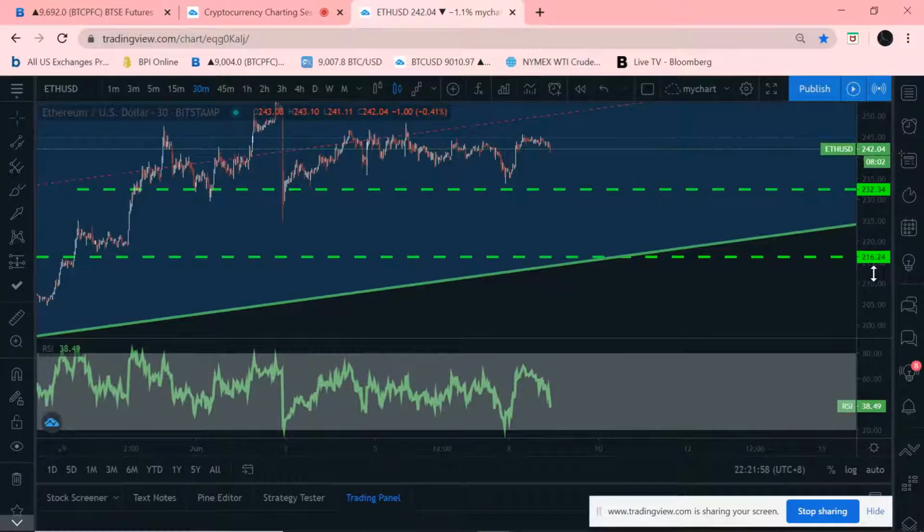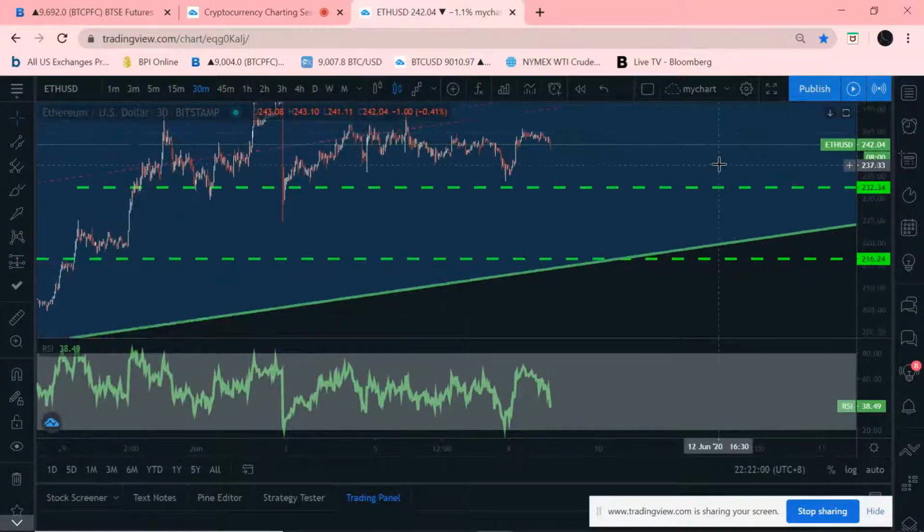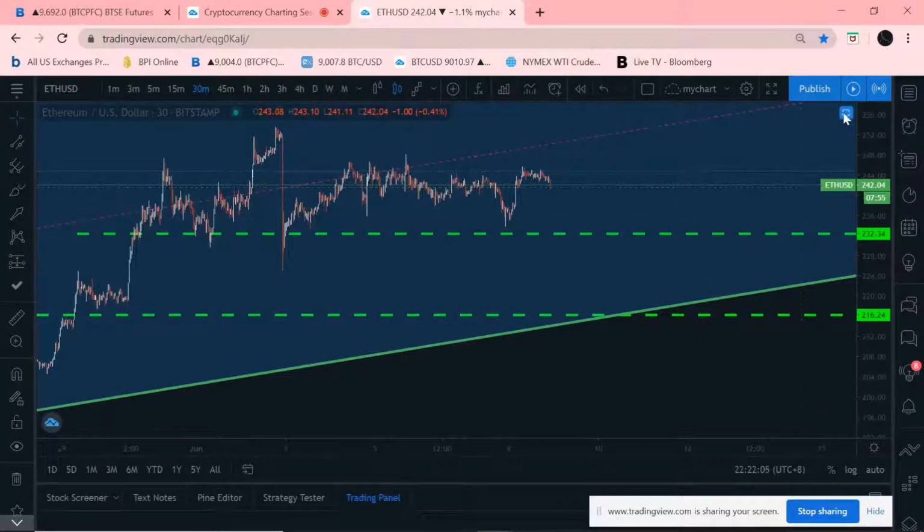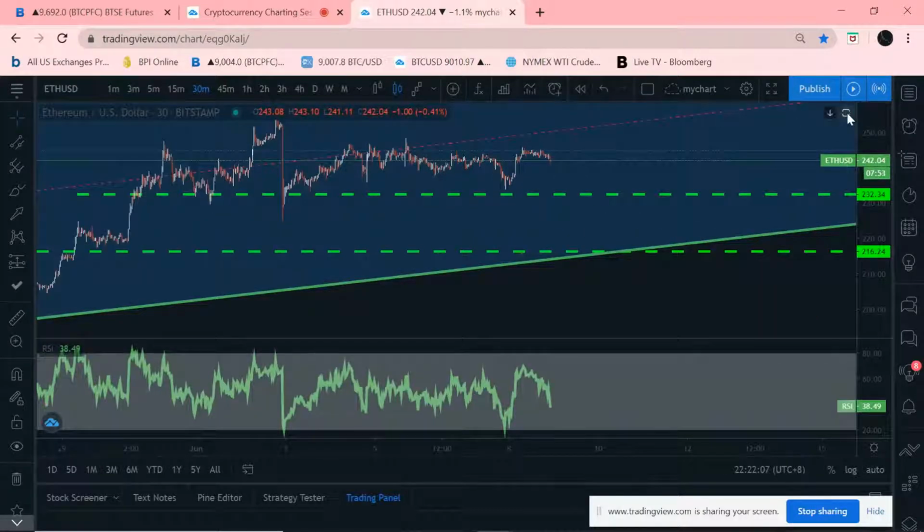I saw a bearish divergence, but it's already done. Currently, I'm not seeing any divergence at the moment.